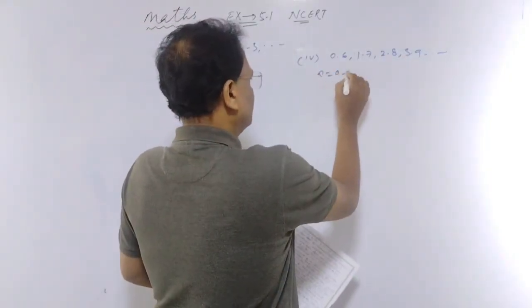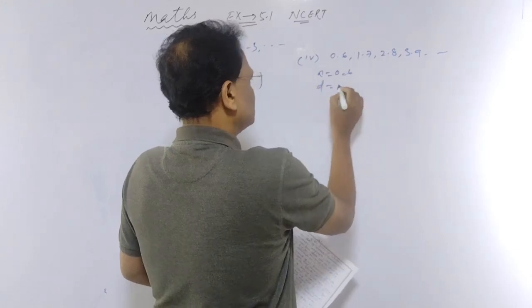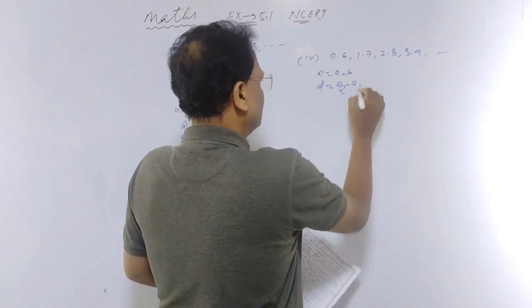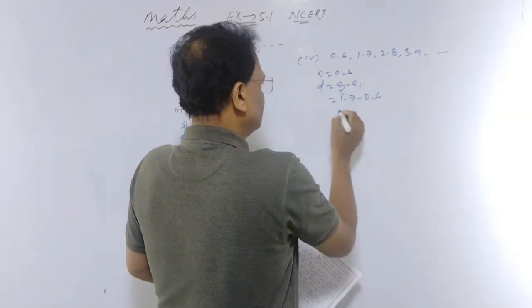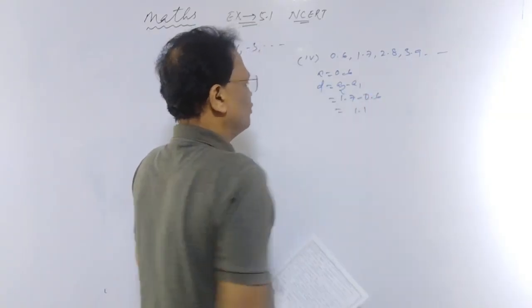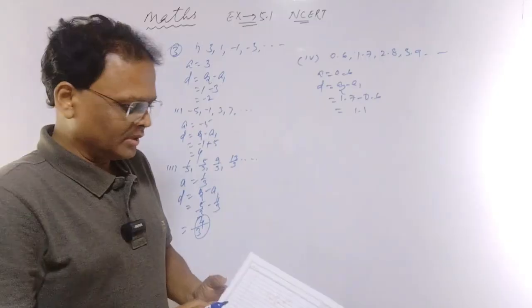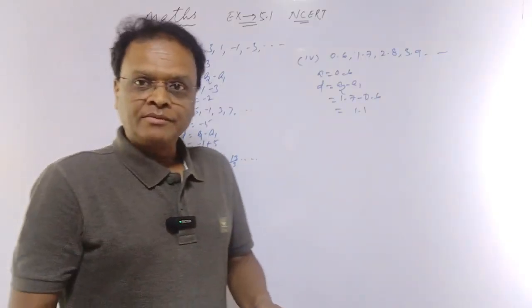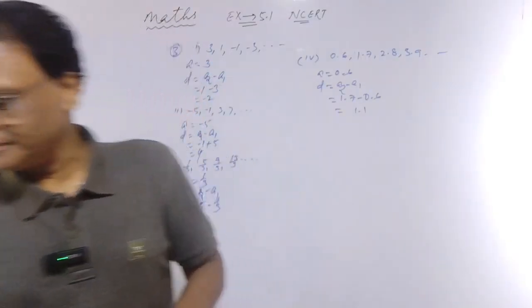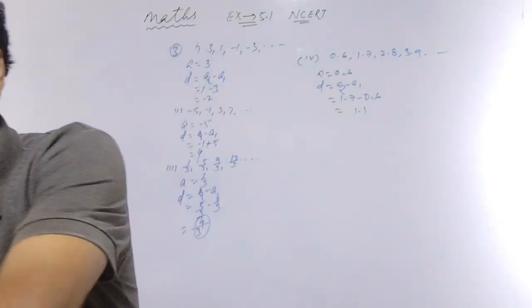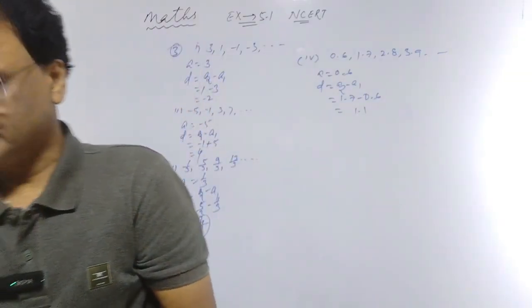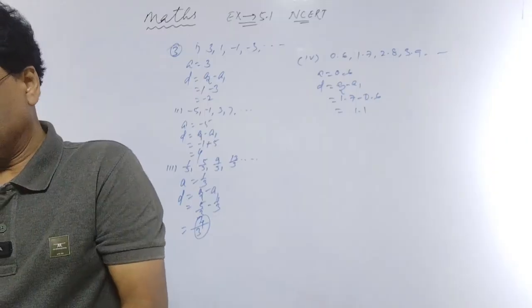First term is 0.6 and the common difference is A2 minus A1. 1.7 minus 0.6 gives me 1.1. Fourth one over. Now the fifth one.